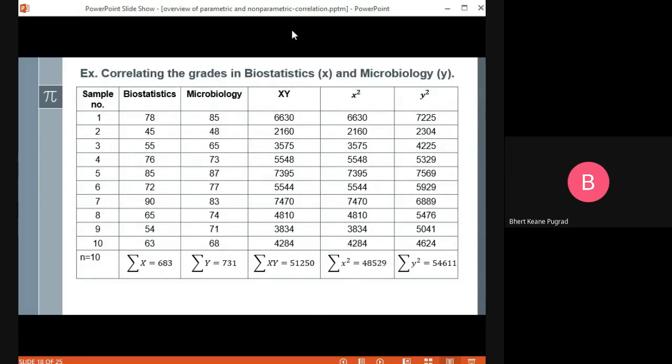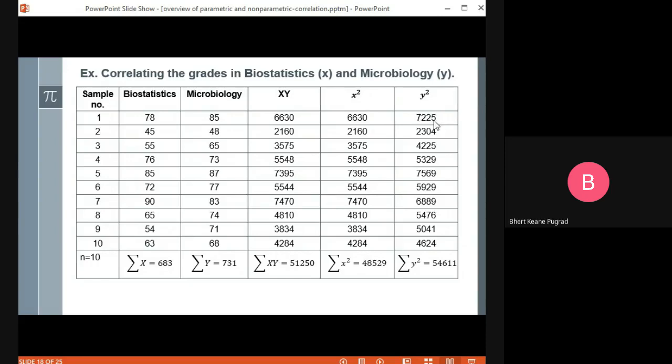I guess I have some errors here, so we'll just try to check. So it's around 2,160 and the rest would continue. What I want to emphasize here is to just get the square of the values of x.